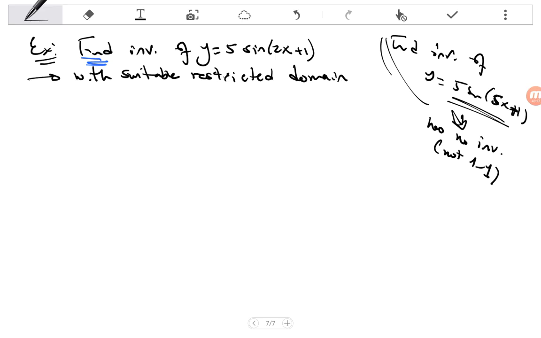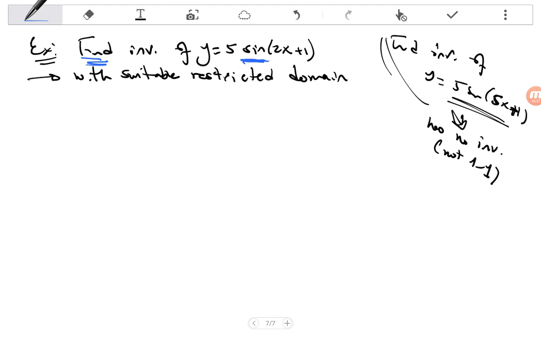So he is just mentioning that you may restrict the domain, so it is one-to-one in that restricted domain. To find an inverse, we learn to interchange x and y and then solve for y. But I have told you that it's better, whenever the function is not one-to-one, to make it in the inverse order.